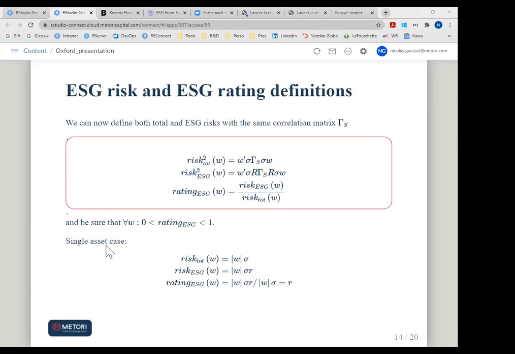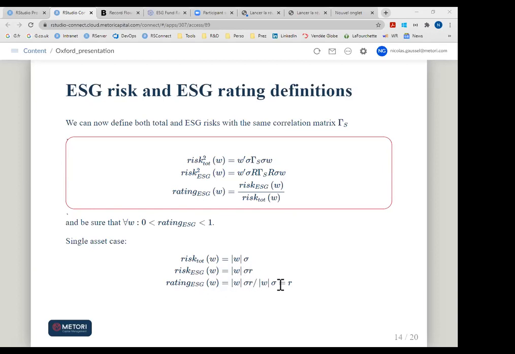So in the single asset case, the total risk of a portfolio, if W is the leverage, is the absolute value of the leverage multiplied by the volatility. The ESG risk of a portfolio is that absolute value multiplied by the ESG rating and sigma.